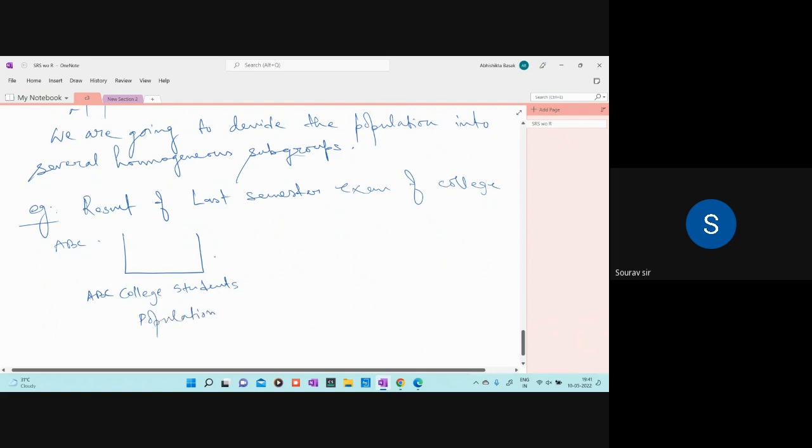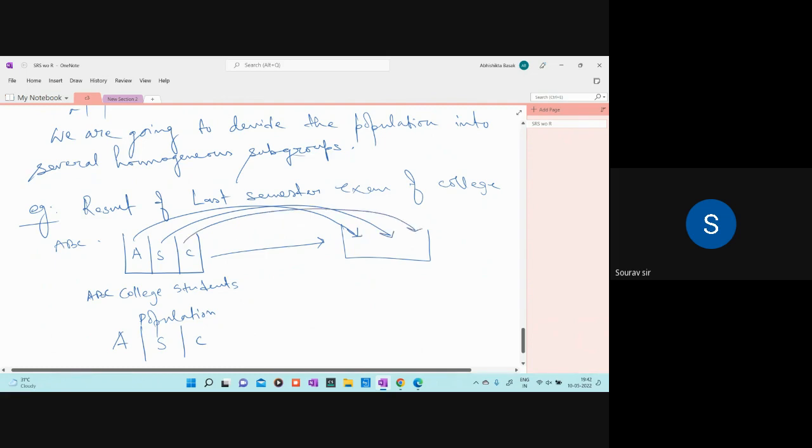So what I am going to do, I am going to draw a sample from over here. Since the college possesses different streams like arts, science and commerce, I am going to divide my whole college into arts, science and commerce, and select the sample as per that only. From arts, we are going to select a sample portion. From commerce and from science as well, we are going to select separate sample portions.